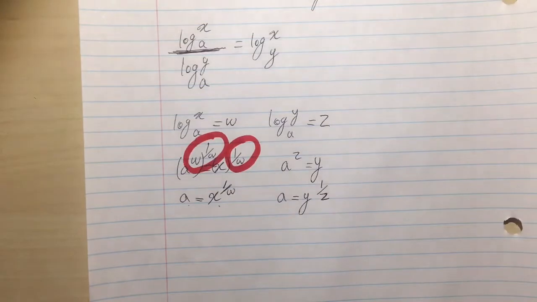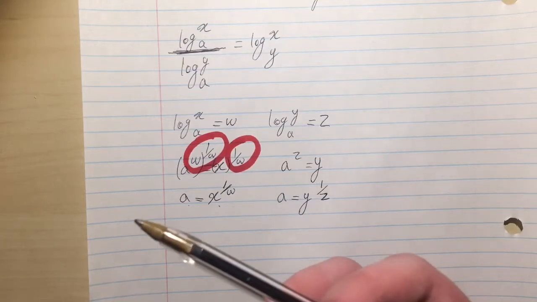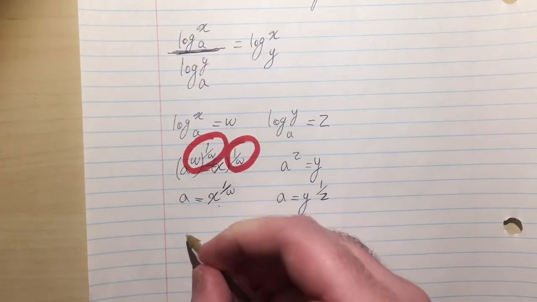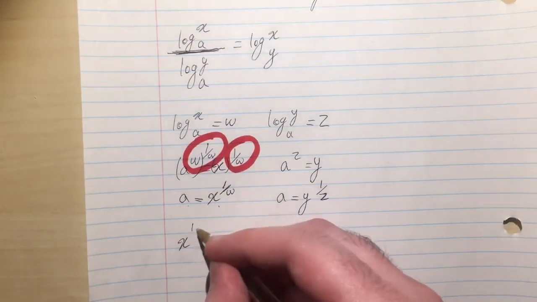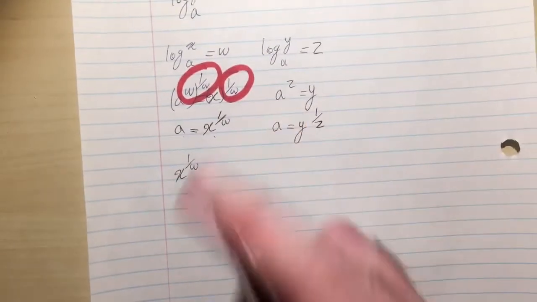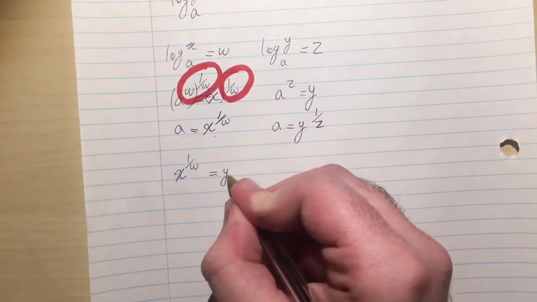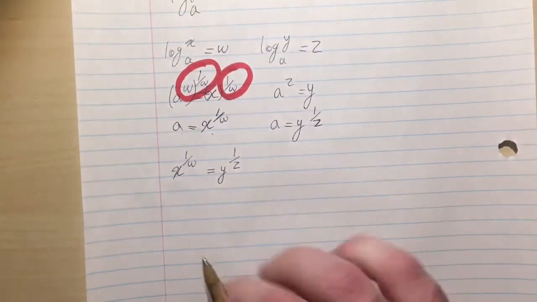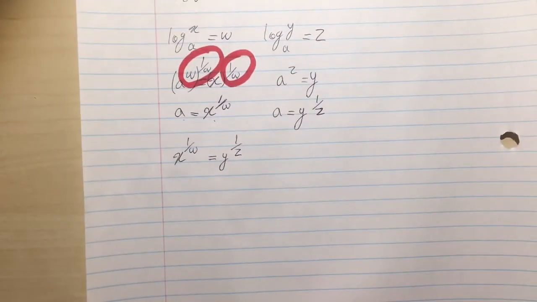Is it right? Okay, so you can see two terms are equal to a, so I think it's obvious that they are the same. Just write it as an equation. Raise both sides to the power w.